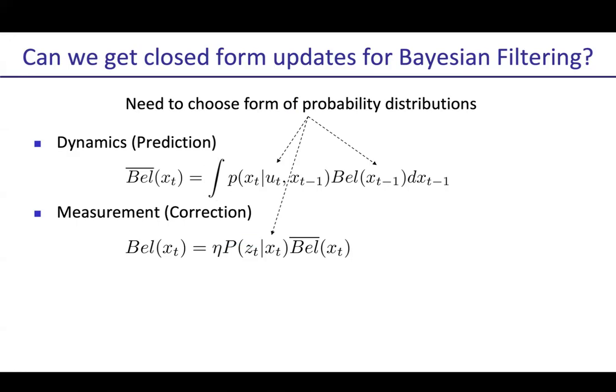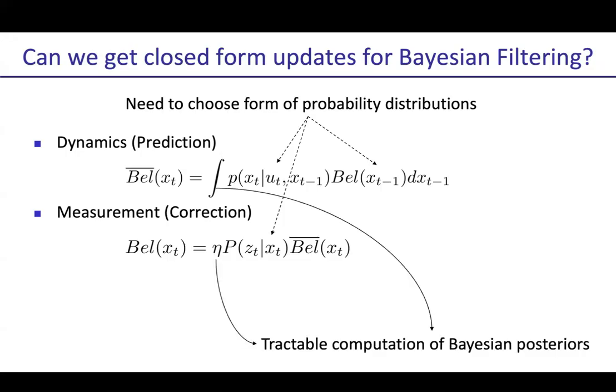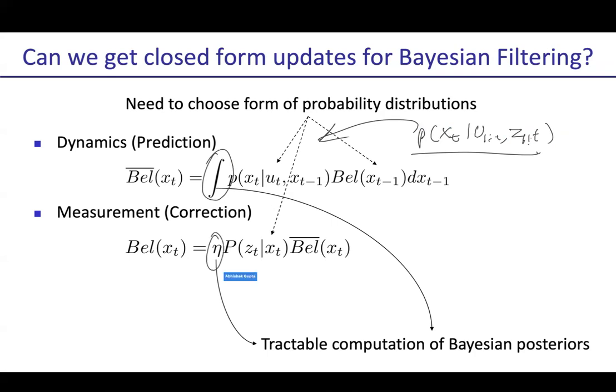So how do we get a tractable computation of a Bayesian posterior? When I say Bayesian posterior, it's P of xt given u 1 to t and z 1 to t. That is your posterior, and that is what you implement with these steps. How do you get a tractable update for these two things?